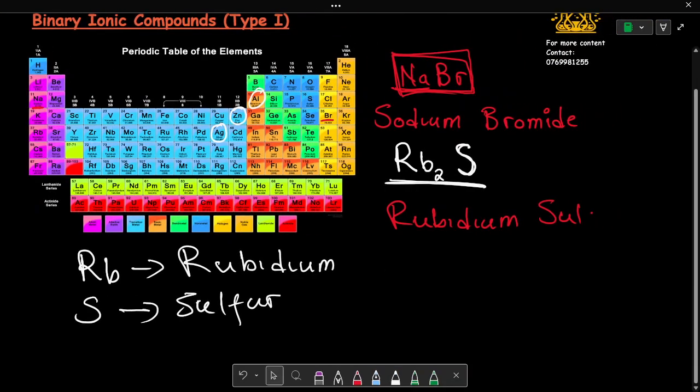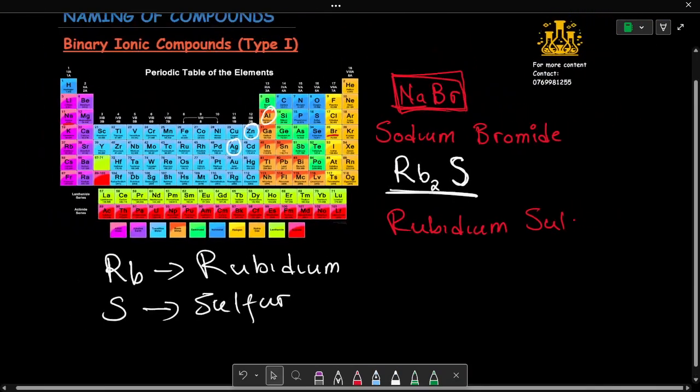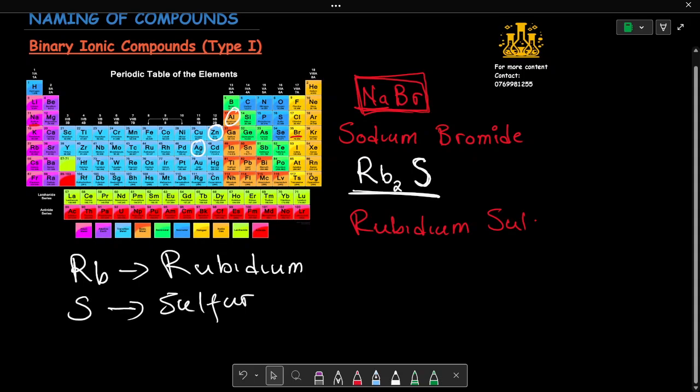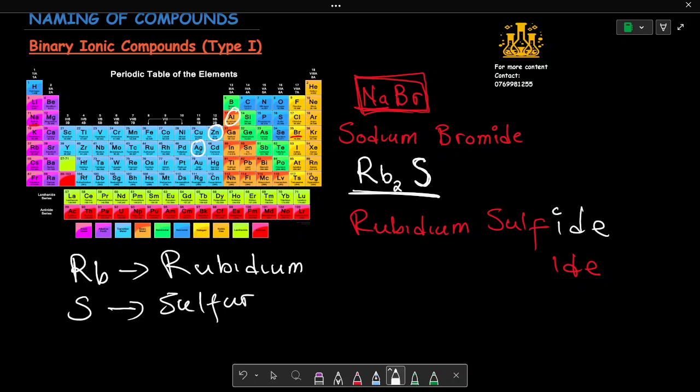Okay, so instead of being rubidium sulfur, you change the ending, the last part of this, and replace it with IDE. You replace UR with IDE, and what you get is rubidium sulfide.